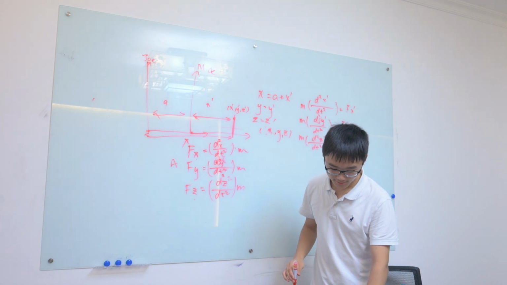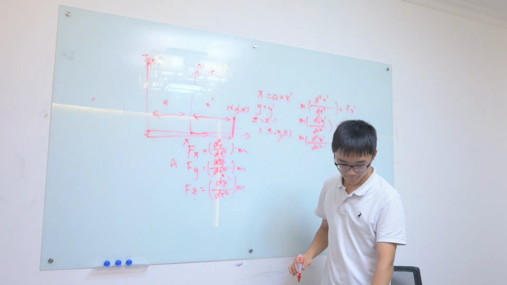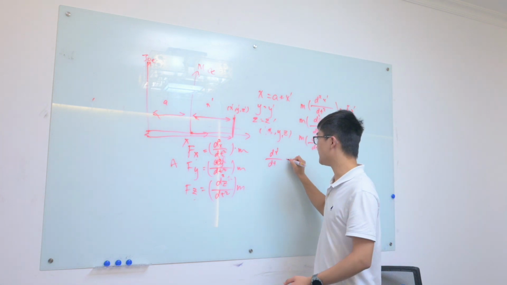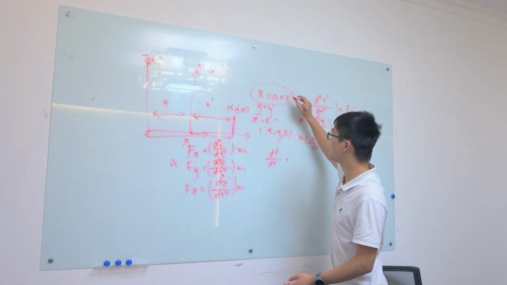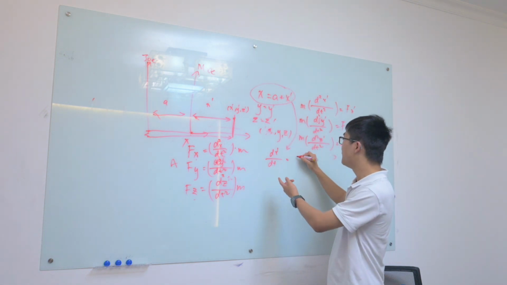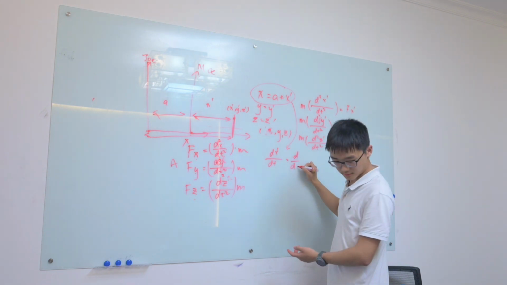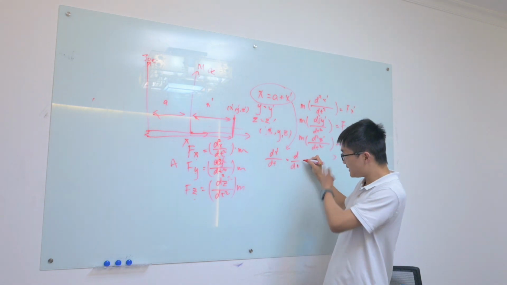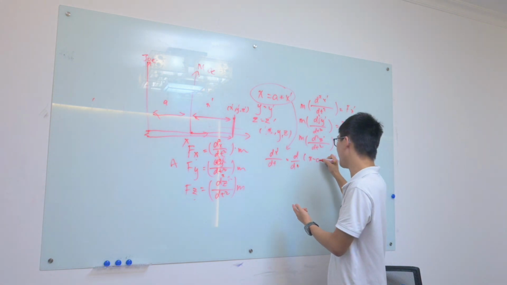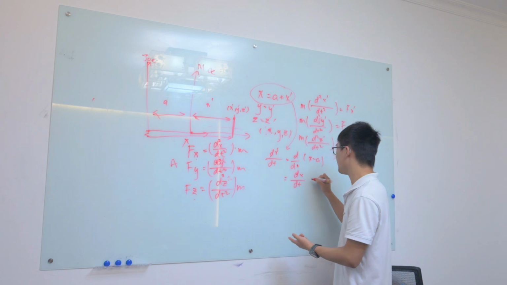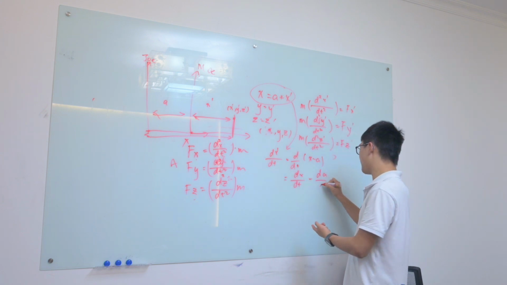And then what you say is that because we have this relationship for dx prime over dt, if we substitute this into here, we will get d over dt times x minus a. And what this will give us is dx over dt minus da over dt.